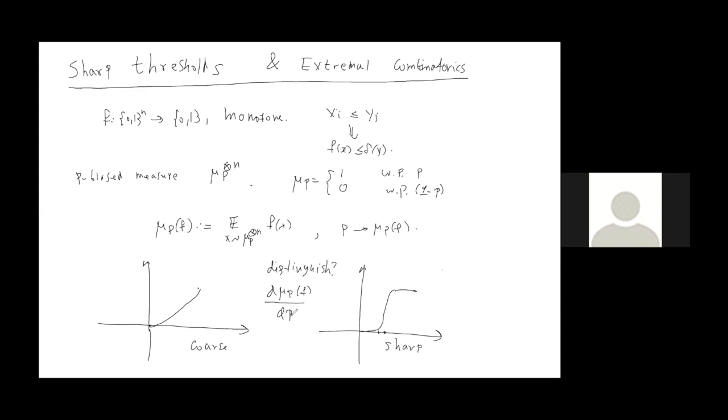When this derivative is large, we're going to have a sharp threshold. When it is small, we're going to have a coarse threshold. So our goal is to say something like, if this derivative is small, then the function must have the following type of structure.